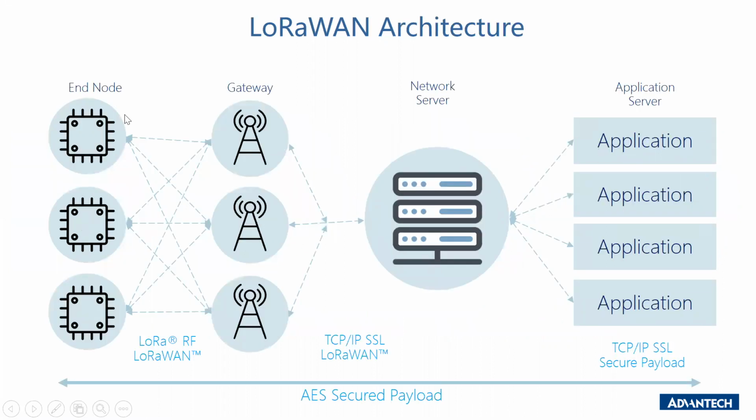This may show it a little bit better. The Advantech LoRaWAN gateway, the WISE 6610, I'll show that in a second, has a network server built in, all right? This is why this is relevant to a customer. You're able to go, as our partners, onto a customer site, let's say water treatment, or a mine, it doesn't matter, and say, okay, Mr. and Ms. Customer, we can set up a private LoRaWAN network here with the end nodes.